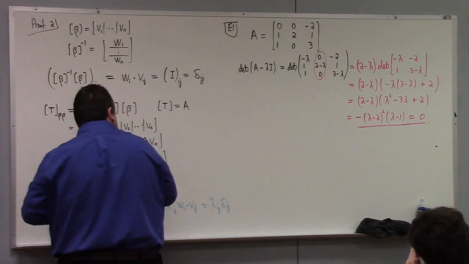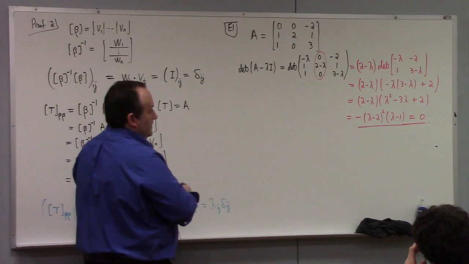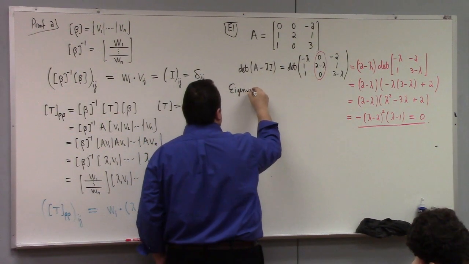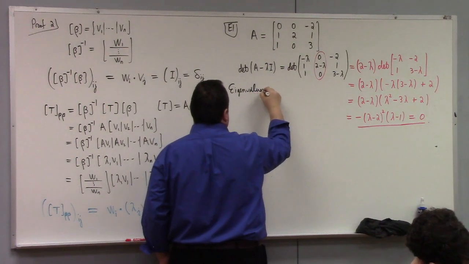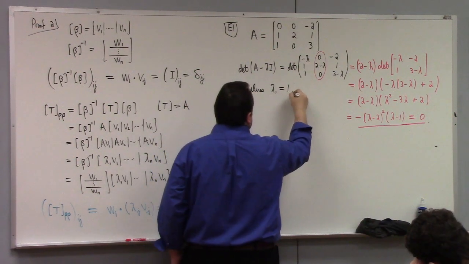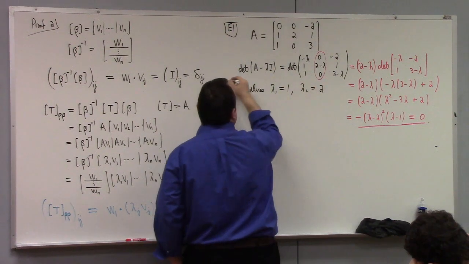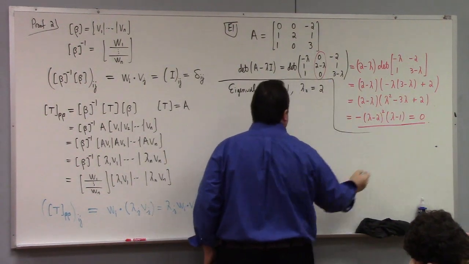So I find, after a little bit of calculation here, the eigenvalues are lambda 1 equals 1, and lambda 2 equals 2. All right?